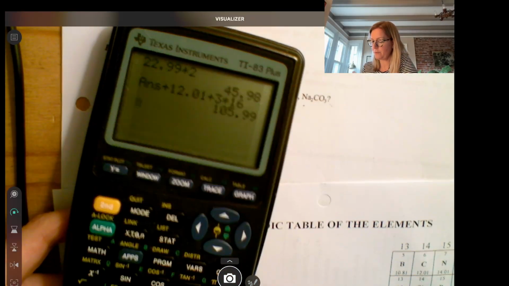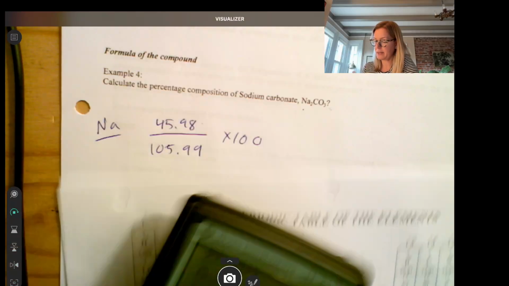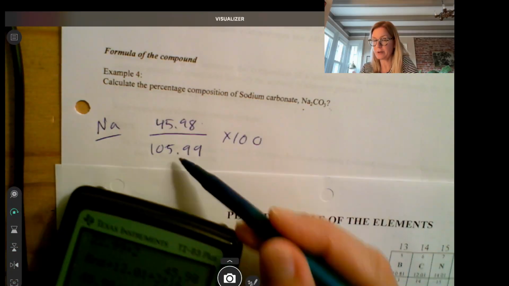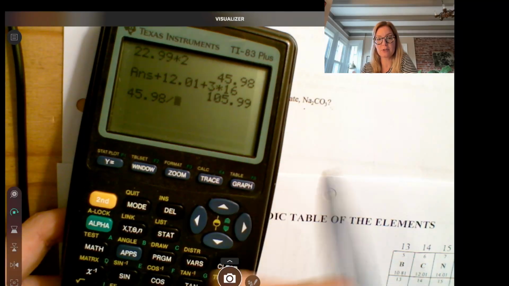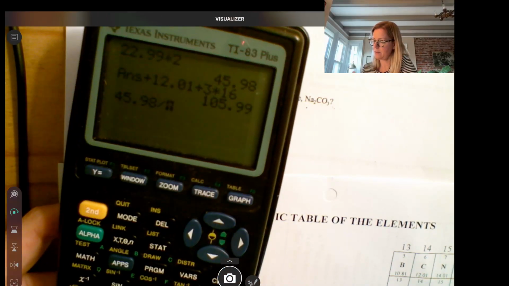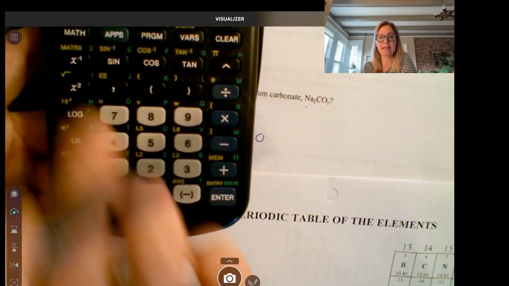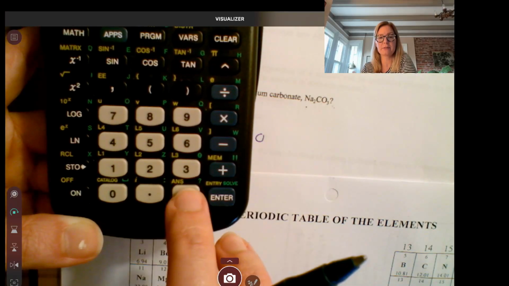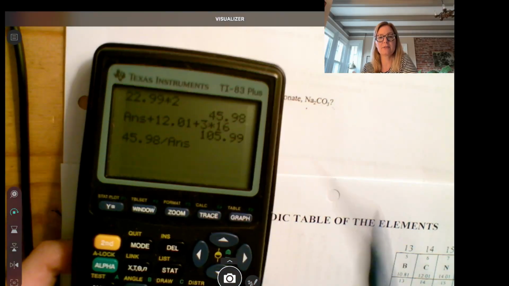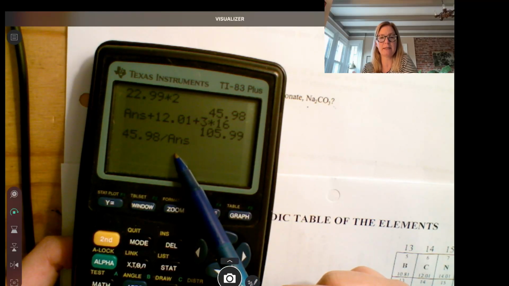So you do 45.98 divided by, and instead of retyping 105.99, I could just do second, and then, where is it? Answer down here. So when I click the second button, it switches to the yellow words, answer, and that inserts my answer from the previous question. So I didn't have to retype 105.99, okay?